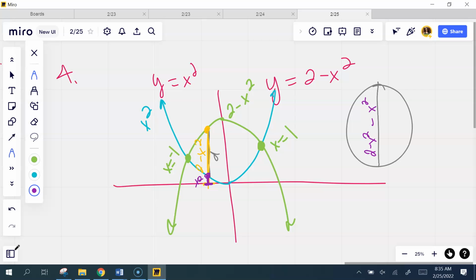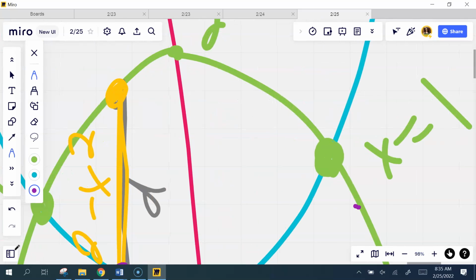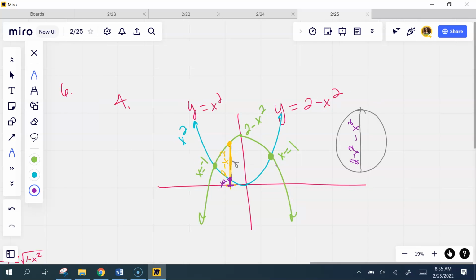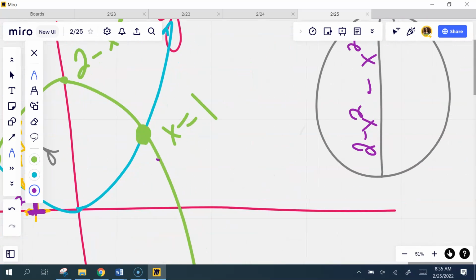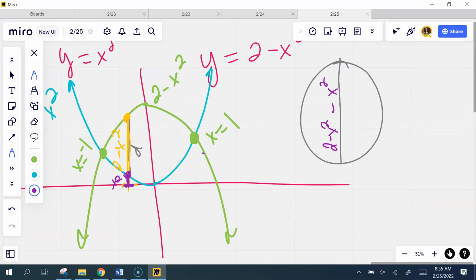Do we agree? Does everybody see where I got that? So the diameter here is 2 minus 2x squared. Are we all in agreement? If that's the diameter, what's the radius? Half of the diameter, so if you divided all this by 2.